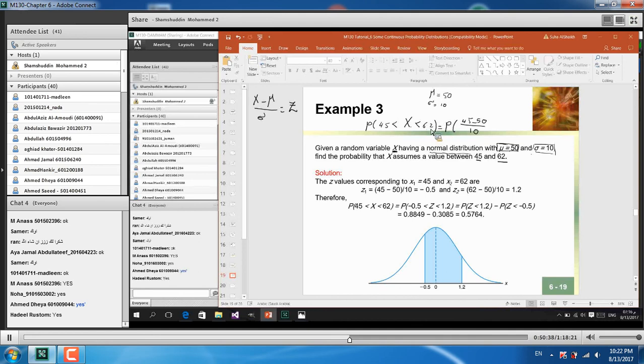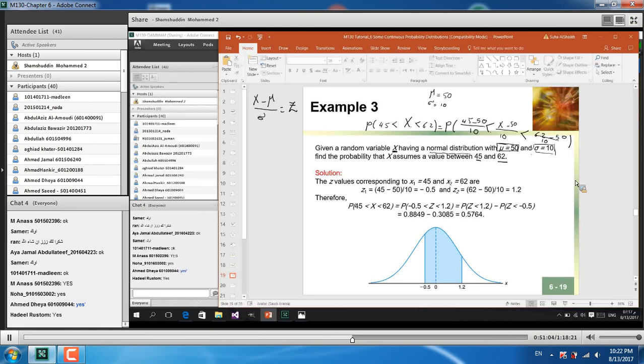So now it is 45 minus 50 over 10 less than x minus 50 over 10 less than 62 minus 50 over 10.